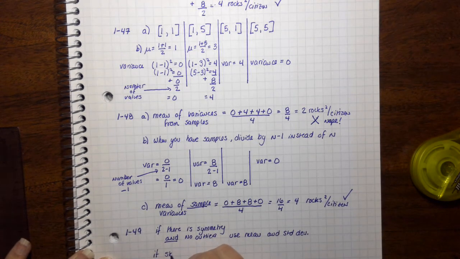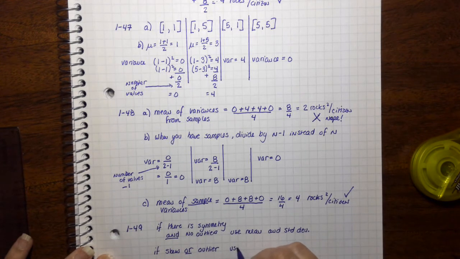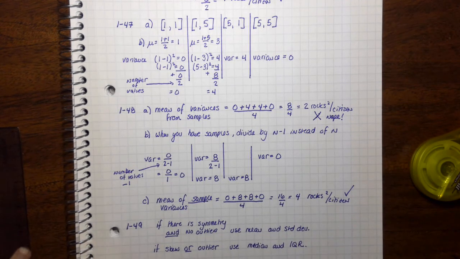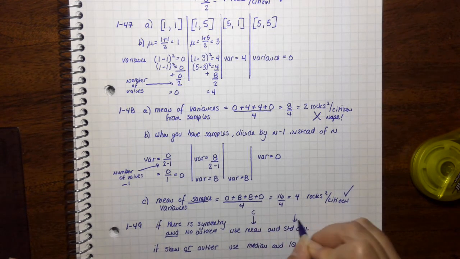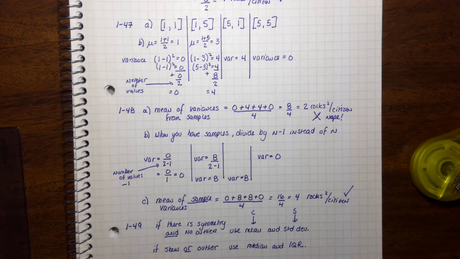If there is skew or outliers of any type, use median and IQR. This is your center, this is your spread in SOCS. And then the shape and outliers, of course, we already learned how to determine if things are outliers. And the shape you'll have to see once you make the histogram.